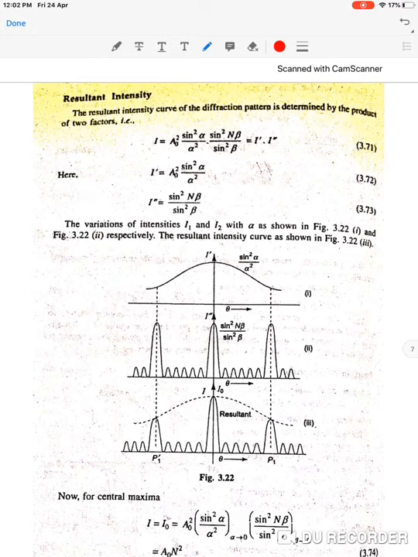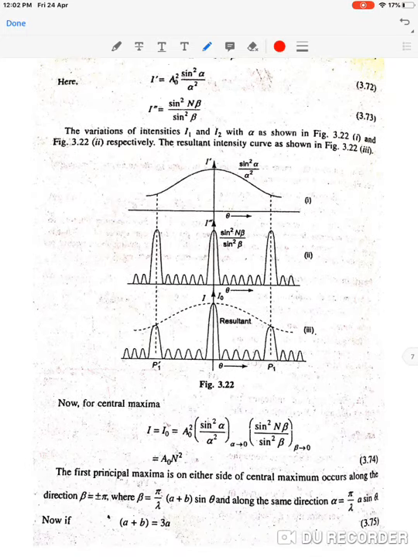Similarly, at those beta values, we can find the secondary maxima intensity. Plotting all these values, these are the principal maxima, these are our minima points, and these are our secondary maxima points.